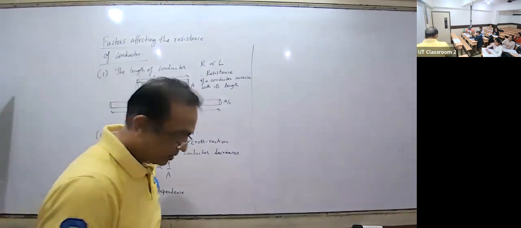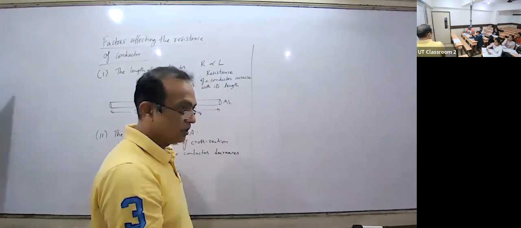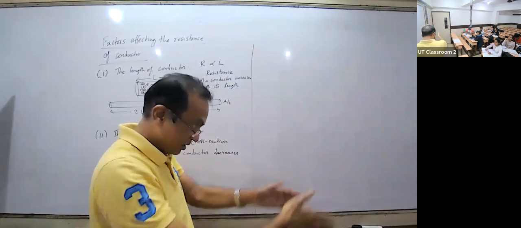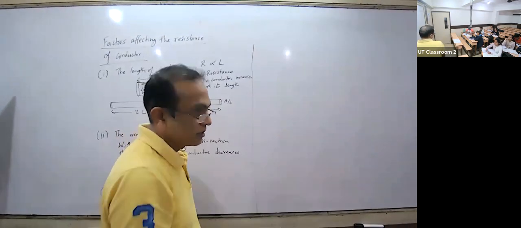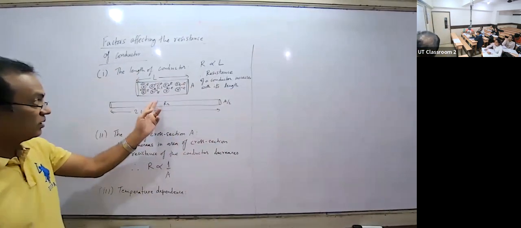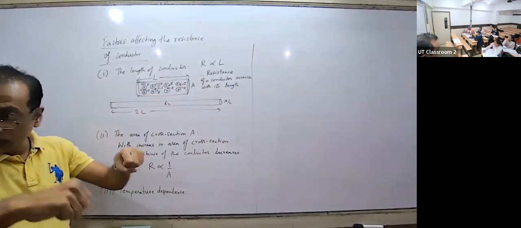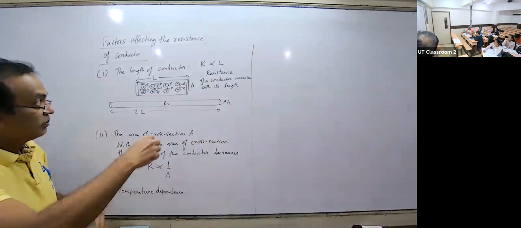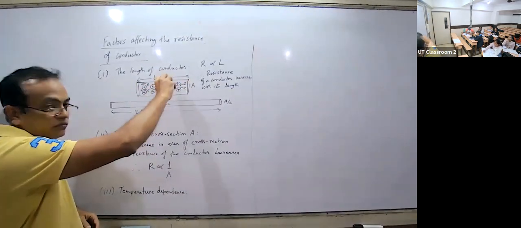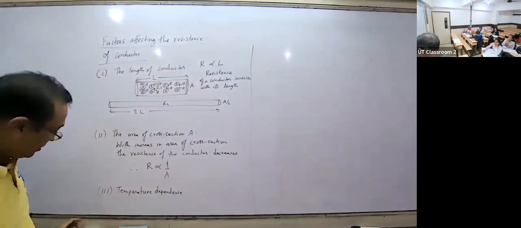Let us say there is a queue of students, two queues are there. They are standing still. Now I ask you to slip through them. When will it be easy? When they are standing still or when they are dancing like this? So when the conductor is heated, these positive charges start vibrating vigorously, and therefore the passage for the electron to slip through them becomes difficult. So therefore the resistance will increase, right?